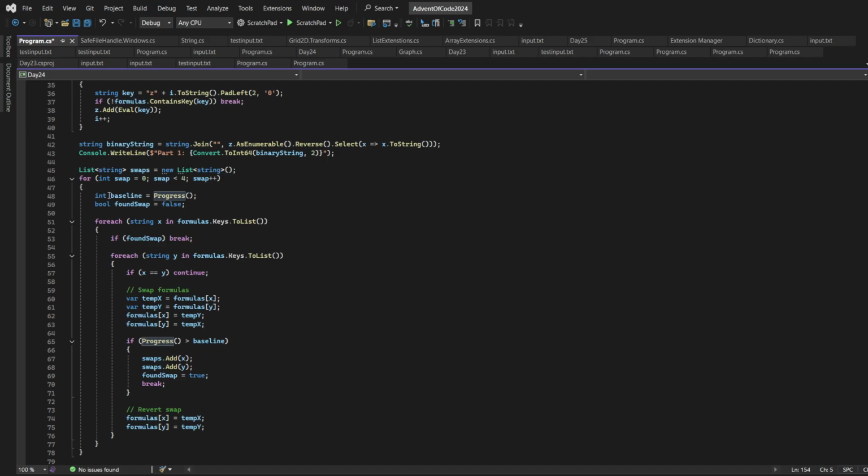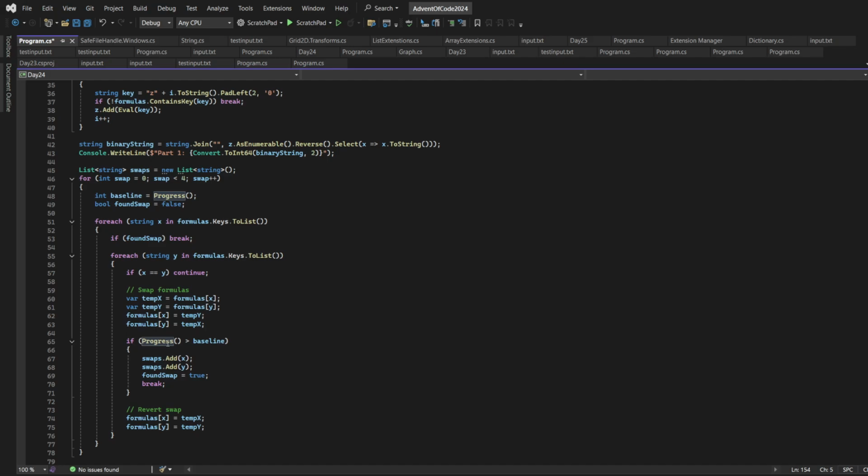And then what we need to do is to try to actually swap these. We will try a set of swaps, and swap and actually do the progress again. So we will swap our formulas and then call our progress, to see if this swap worked, then we will increase our progress.